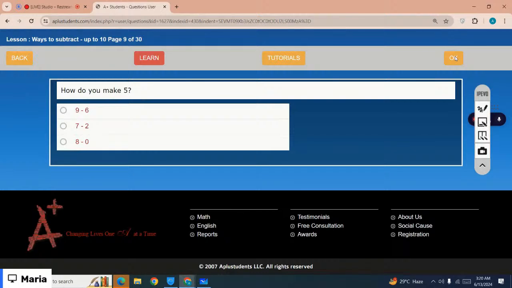How do you make 5? Which is the correct option? Yes, that is 7 minus 2 equals 5.